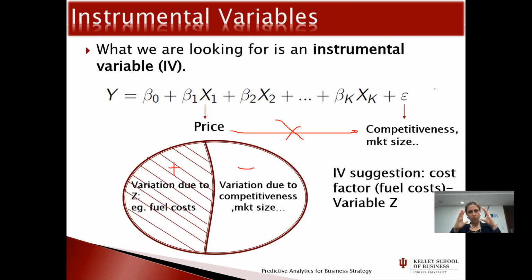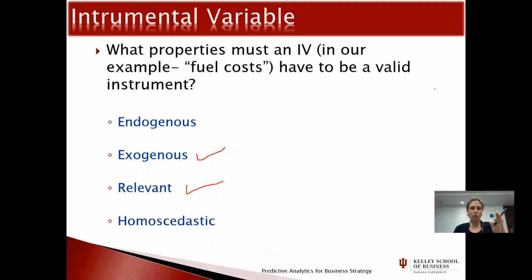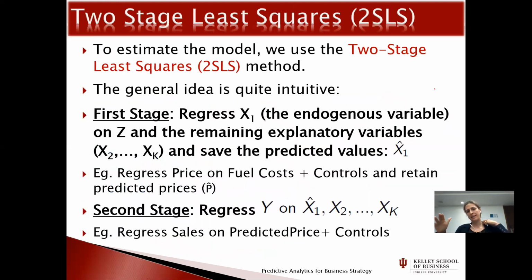The whole idea is: let's isolate variations in price that are only related to fuel cost, my instrument, and let's throw away variation in price that is due to competitiveness, that is due to this omitted variable. That's the whole philosophy. And if that's the whole philosophy, that means that our technique needs to do exactly that.